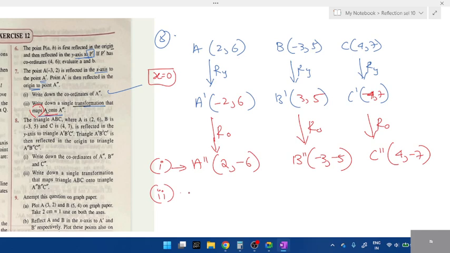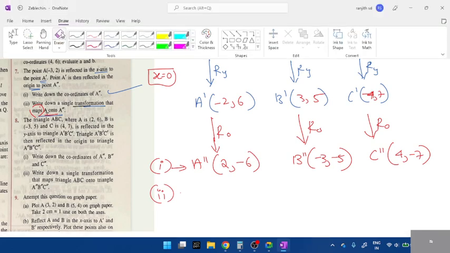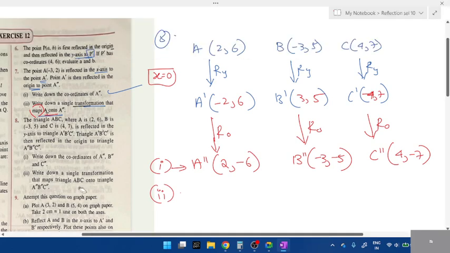Write down a single transformation that maps one. Now you all find out that single transformation. Don't check from your textbook. I want you all to give me the reason. You all complete it, I'll do it next.